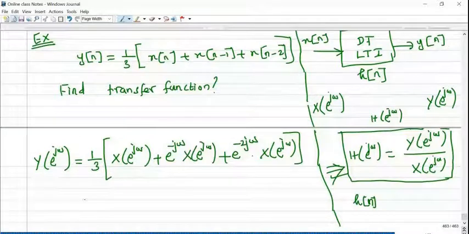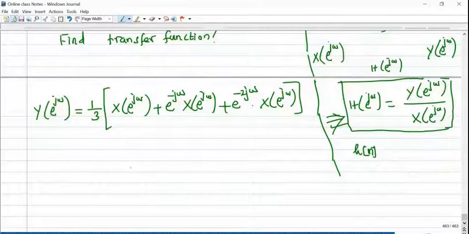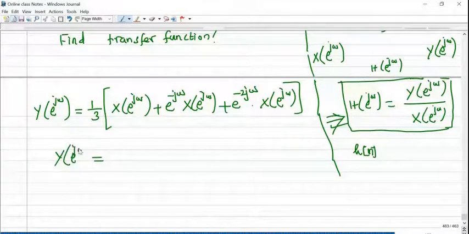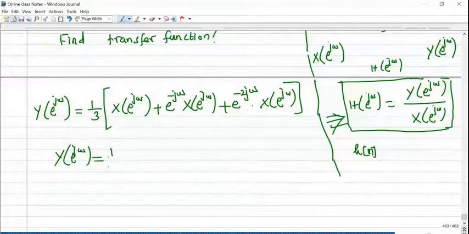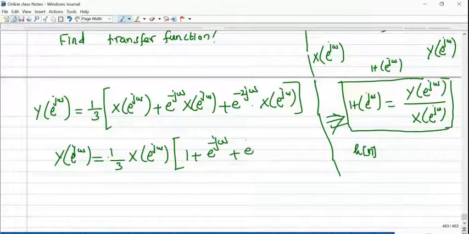So the transfer function h equals y by x. So y of e power j omega equals 1 by 3, taking x of e power j omega outside, times 1 plus e power minus j omega plus e power minus 2j omega.